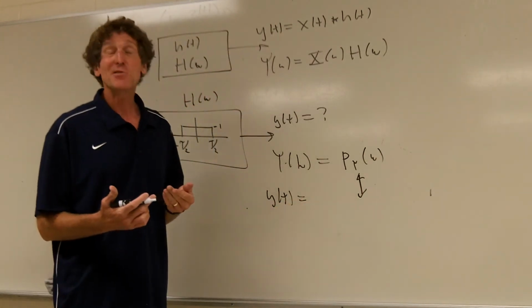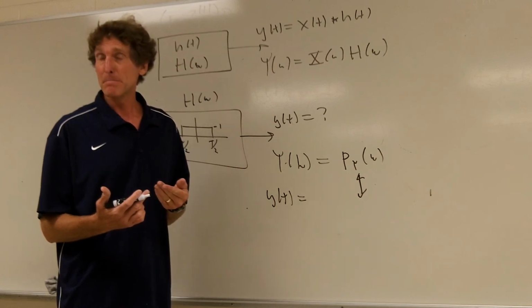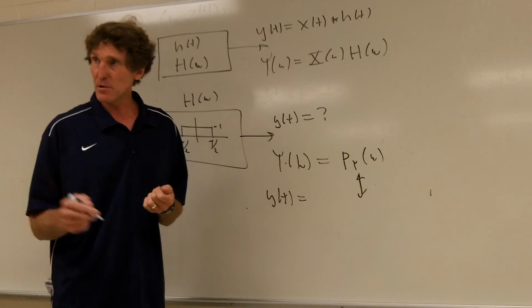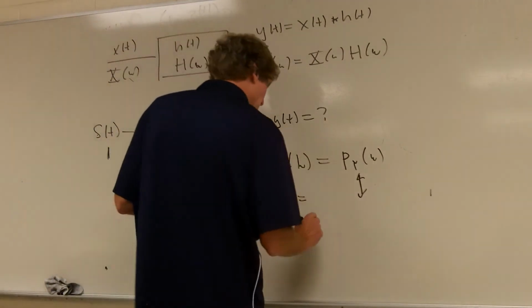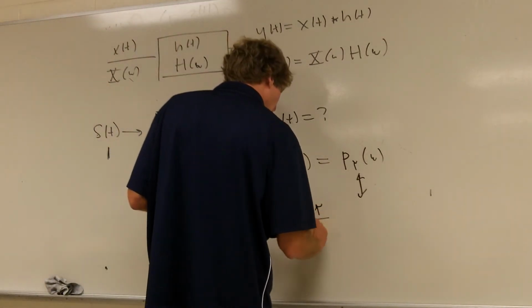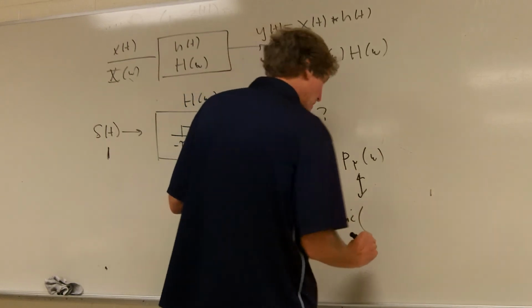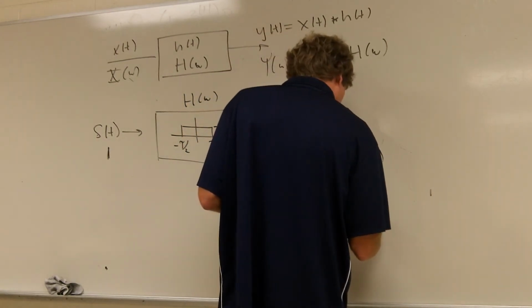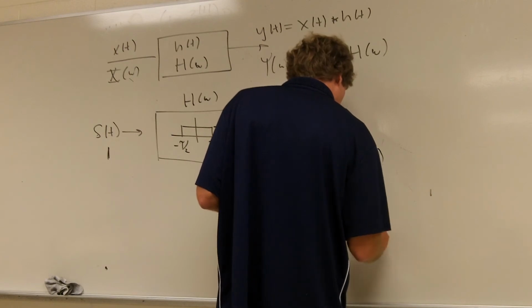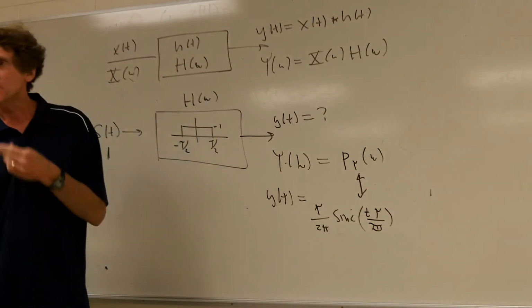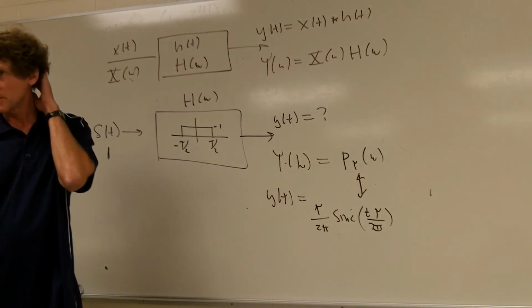Think about it. It's going to be a sinc, right? What's a sinc of? Of tau over 2 pi, isn't it? Take a look. Isn't this going to be tau over 2 pi times the sinc, right? Now it's going to be t times tau over 2 pi, right? Now most of you are already seeing it, I think. Do you agree with this, class?